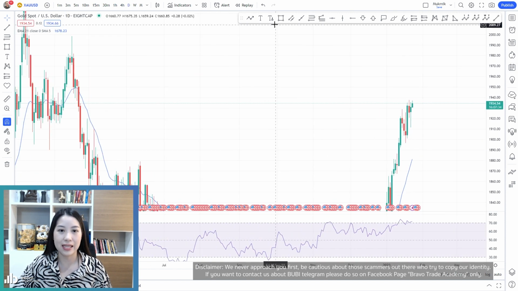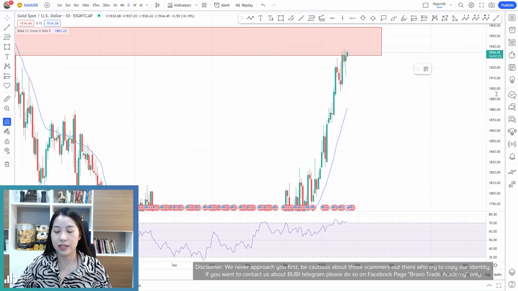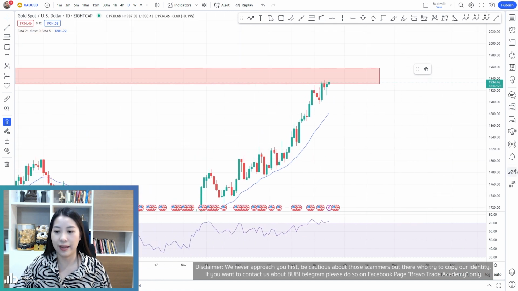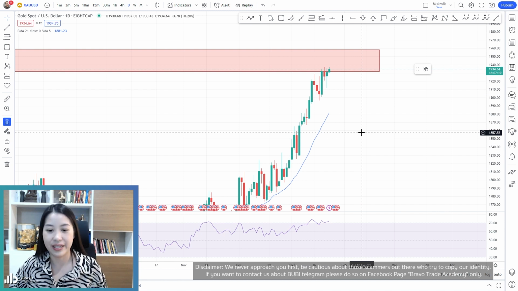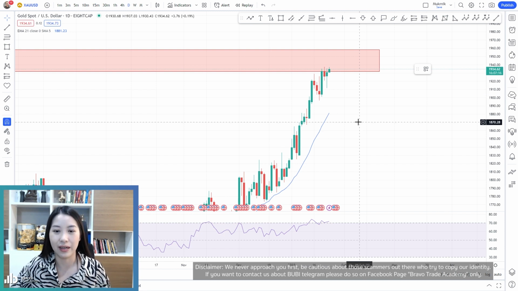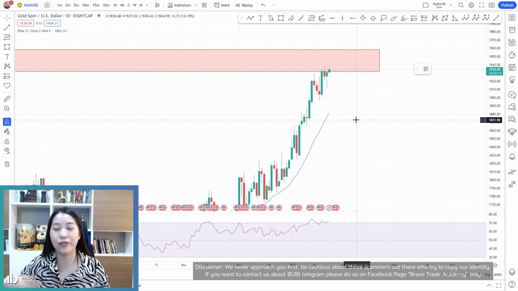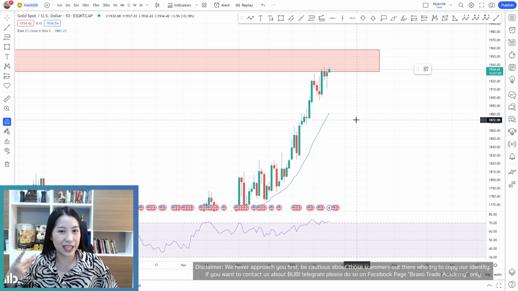So in the daily time frame, if you remember, we are in our supply zone here, but even though we are in the supply zone, our trend is a very strong uptrend. All right, and I would say for today we will go for a buy. Okay, even though yesterday we went for a sell, today I'll change my mind.